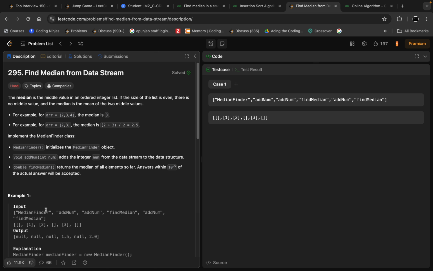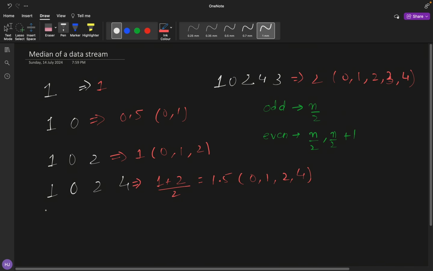And we have a function, double findMedian, which will return the median of all elements so far, and answers within 10 raised to the power minus 5 of the actual will be accepted. Since I'm getting some floating values in these examples, we have to take a float value for the median.